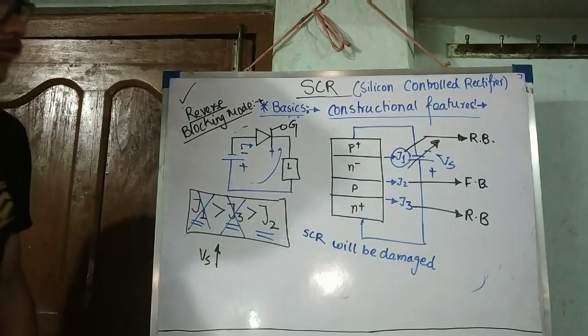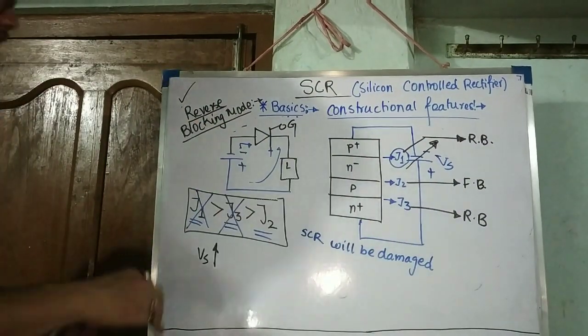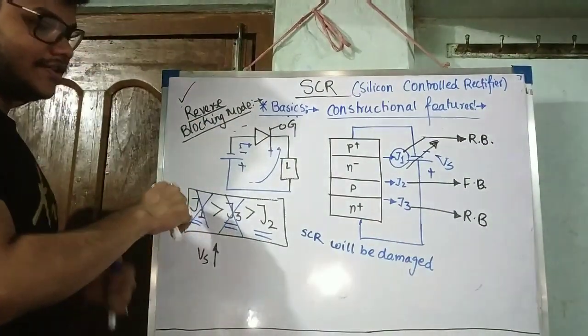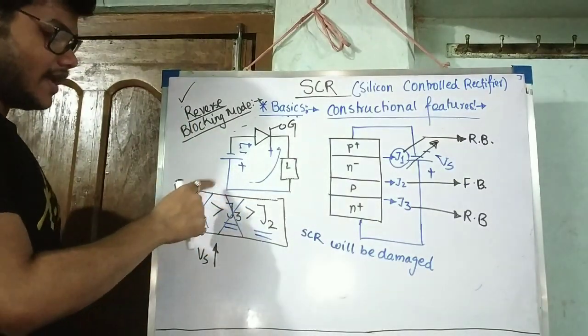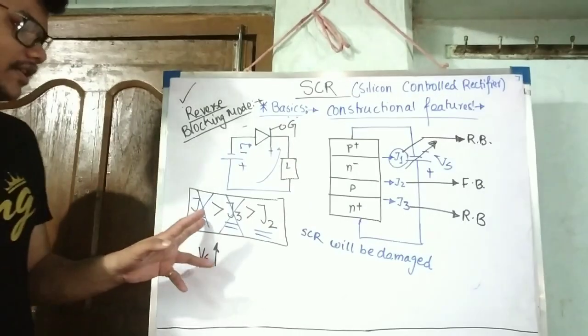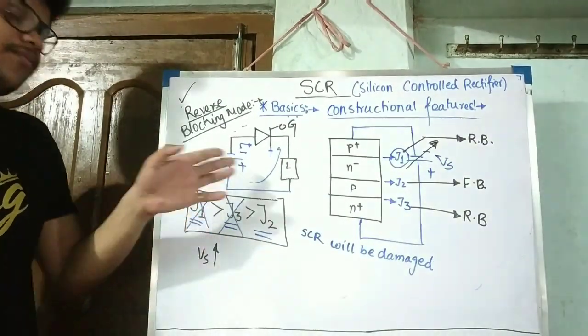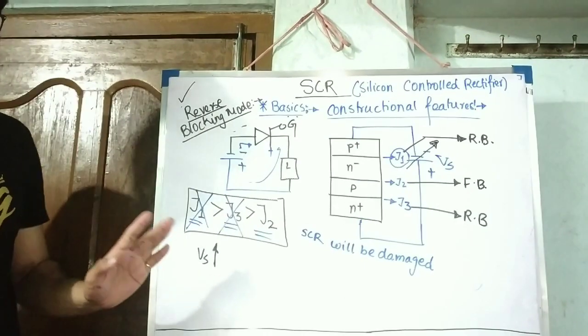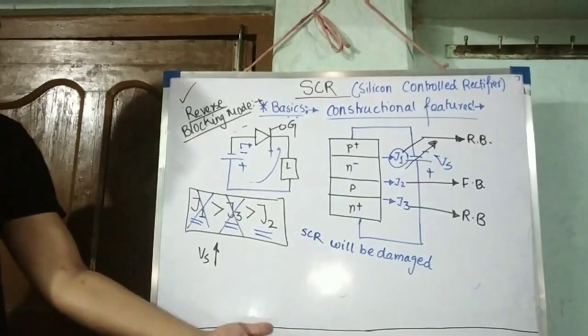So what will happen? If you increase the source voltage such that first this J1 junction is broken, then your J3 junction is broken, as the depletion width of J1 is more than J3. As J1 is broken at first, J3 breaks immediately after J1. Then what will happen? J2 is already in forward bias mode.